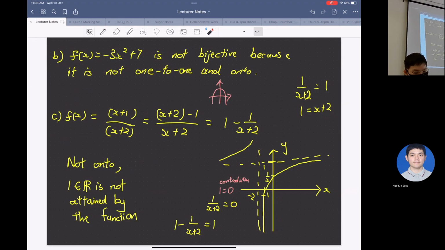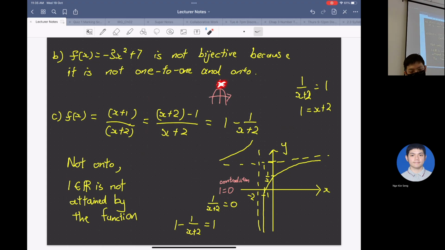B, not bijective because not one-to-one and onto. Not one-to-one is easy to show, I think. So within the class, 2 and minus 2. Not onto, you also find the point that it's not mapped to.